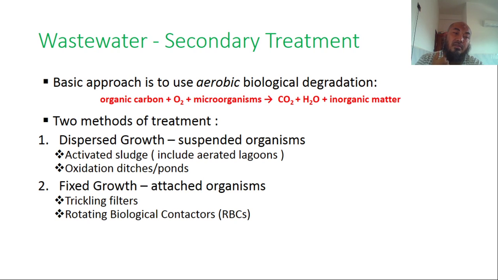There are two methods of treatment: dispersed growth, or suspended organism, and fixed growth, which is an attached organism. Dispersed growth methods can be activated sludge, oxidation ditch or pond, and fixed growth can be trickling filter or rotating biological contactor, or RBC.